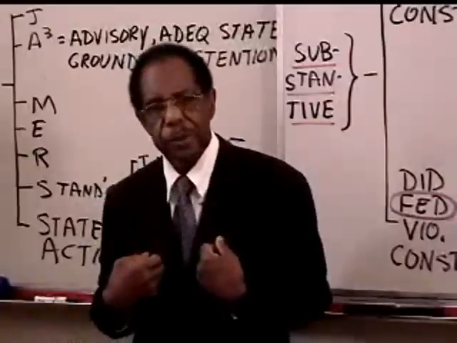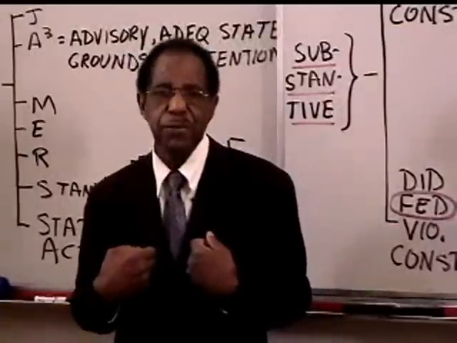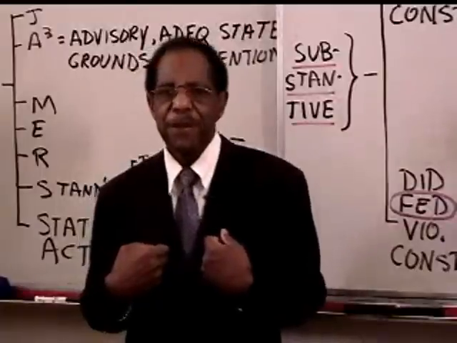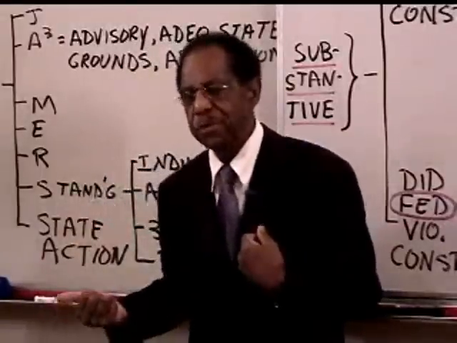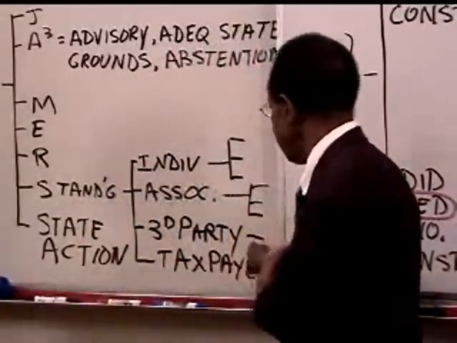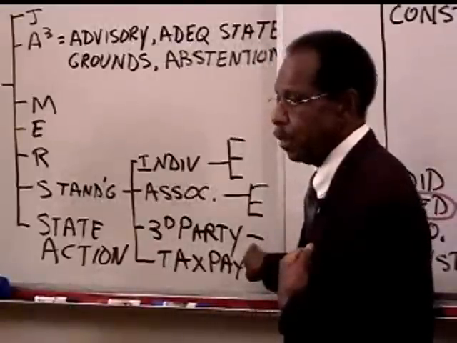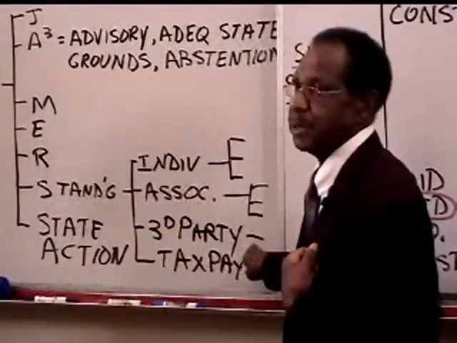Well, normally you can only assert your own constitutional rights. You know that. And if I want to assert somebody else's constitutional rights, I have to meet the requirements of third-party standing. What are the requirements for third-party standing?